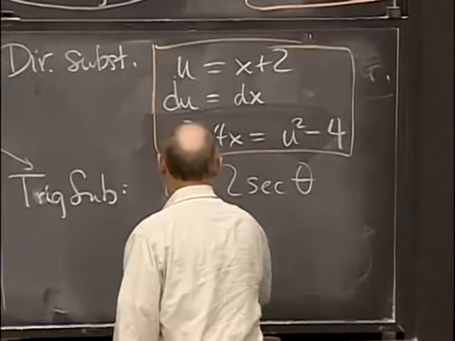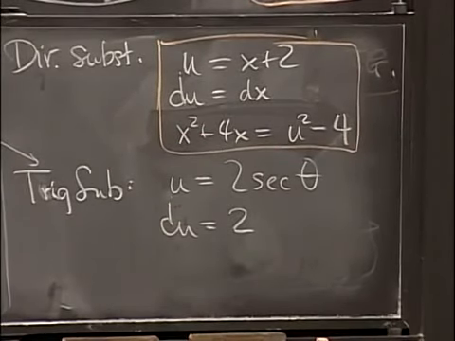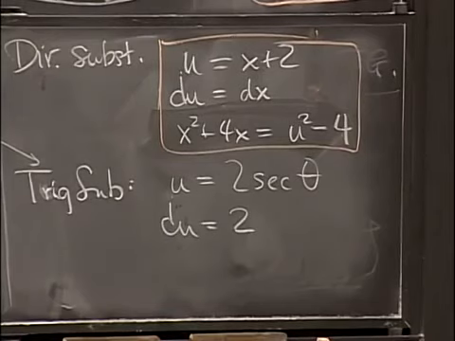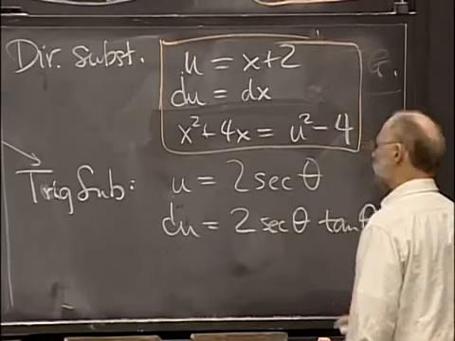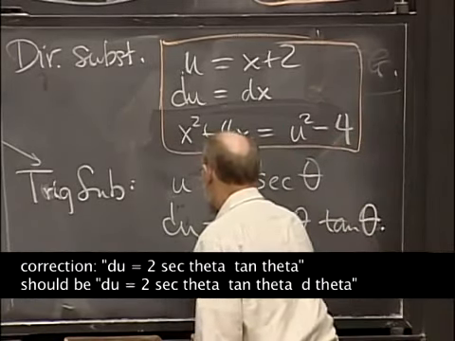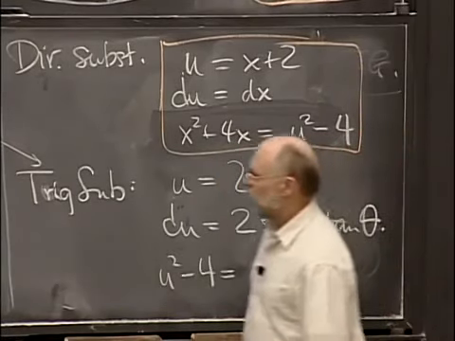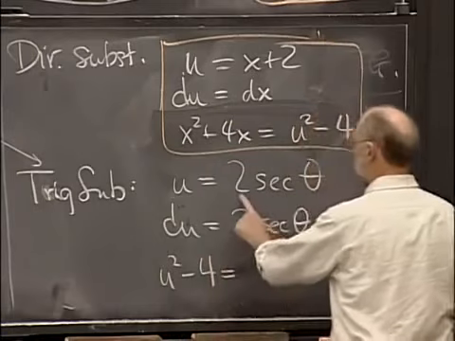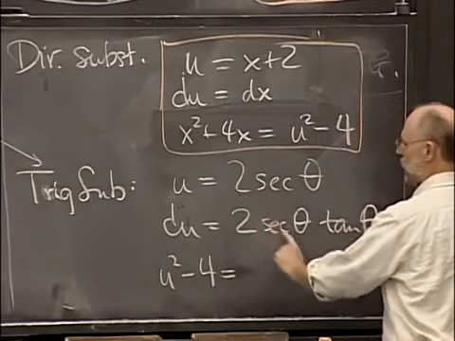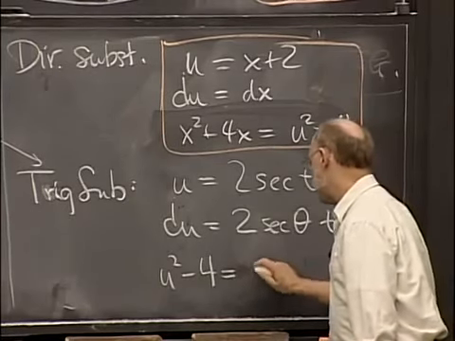So that means du is 2 secant theta tangent theta d theta. Okay, what's the derivative of the secant? Secant tangent. So du is twice secant theta tangent theta. And u squared minus 4 is, here's the payoff, I'm supposed to be able to rewrite that in terms of the tangent, according to this. U squared minus 4 is 4 secant squared minus 4, and secant squared minus 1 is tangent squared.